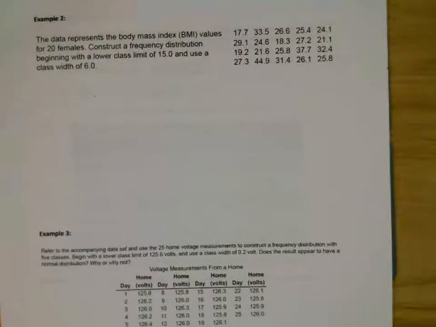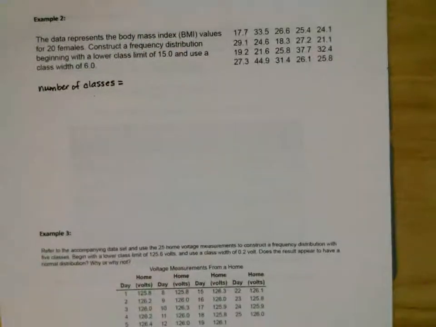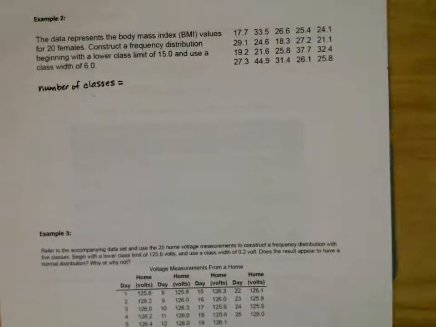Now, what I'm going to do here is give you a way of calculating the number of classes that you need. Okay, so let me start off by doing this. The number of classes that you will need is going to be equal to this.